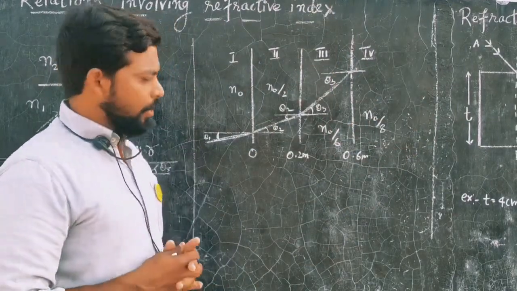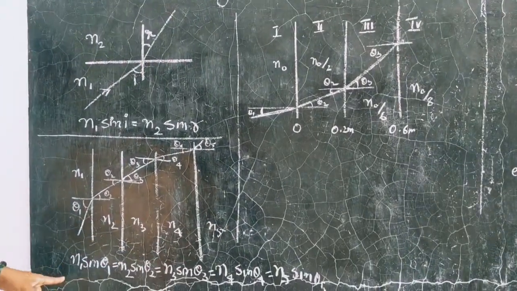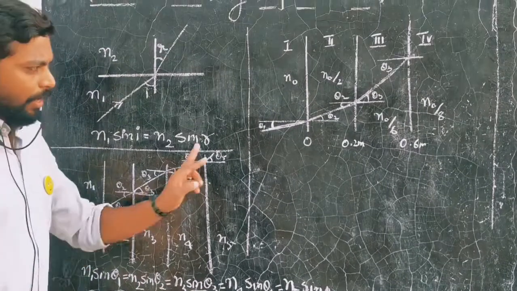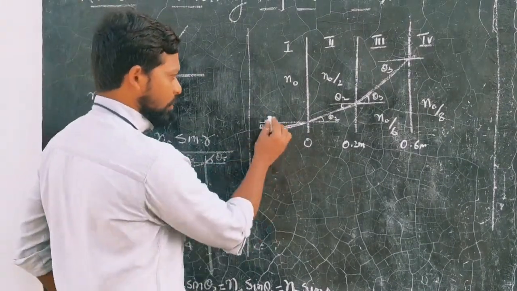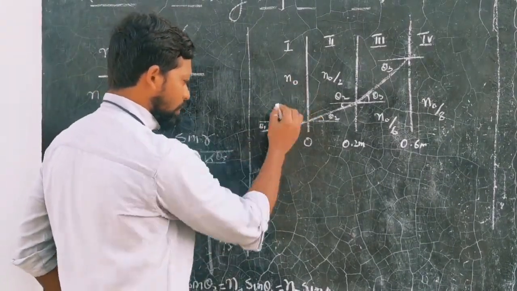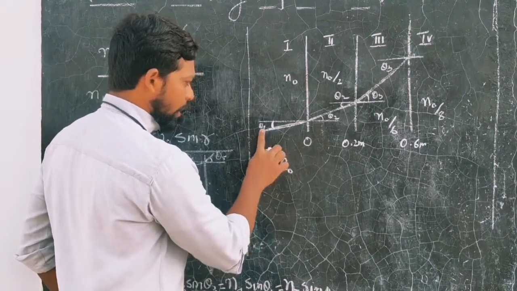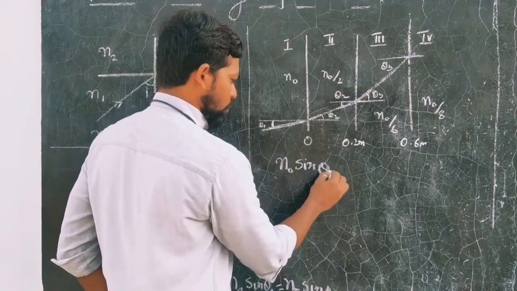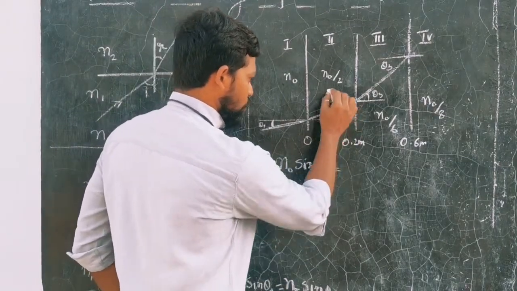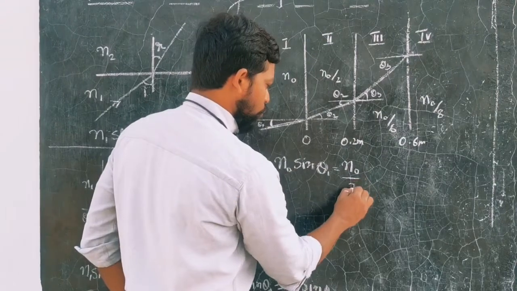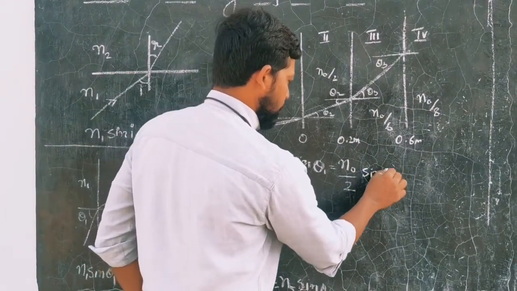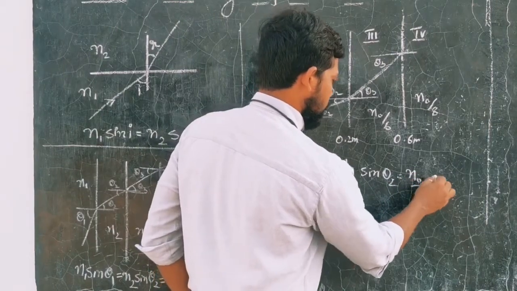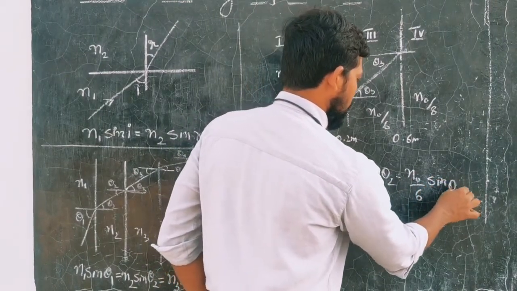We can apply the concept of Snell's law for consecutive mediums. You can see the refractive index of this is n0, and the angle here gives n0 sin theta 1, is equal to n0 by 2 sin theta 2, is equal to n0 by 6 sin theta 3.